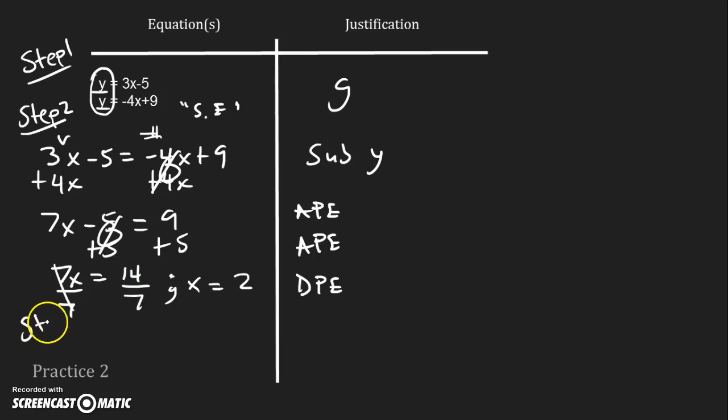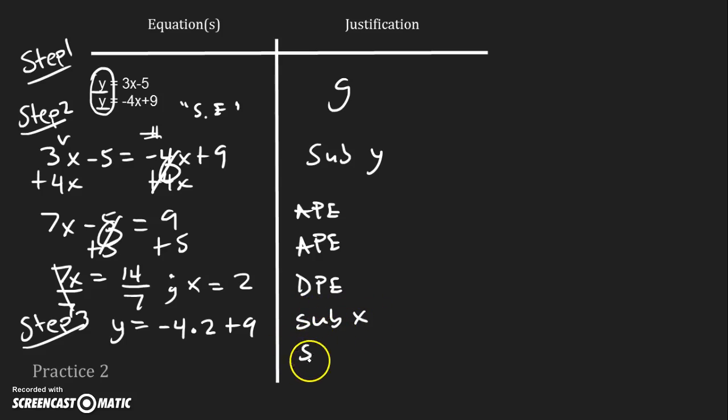Now step 3, we're going to take the value we now know for x, and we're going to substitute it in. In the previous example, I used the top. In this example, I'll just use the bottom equation to show you it does not matter. So negative 4 times x is now 2 plus 9. Let's go ahead and write we substituted x, and now we can simplify.